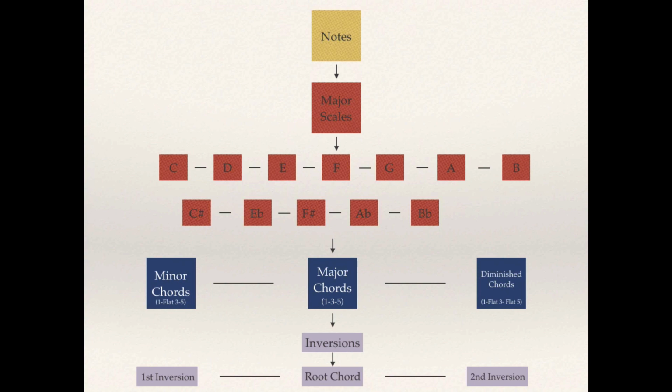Let's just say we wanted to play the C major chord. Then we will play the 1, the 3, and the 5 of the C major scale. Let's say we wanted to play the F major chord. We'll play the 1, the 3, and the 5 of the F major scale. Let's say we wanted to play the B flat major chord. Then we'll play the 1, the 3, and the 5 of the B flat major scale.